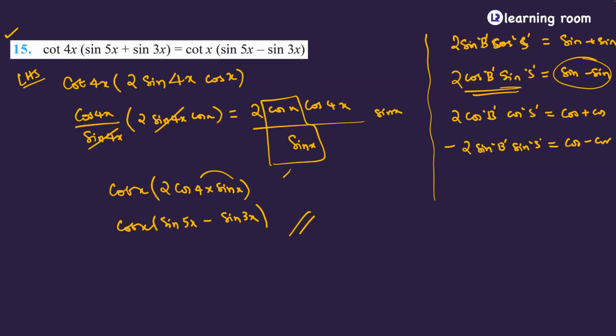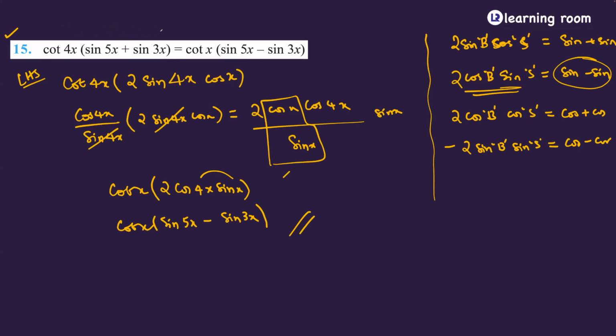So just to have a clear knowledge of whether you have understood, I'll create a question now. How will you write 2 sin 4x cos x as a sum and difference of trigonometric values? Just the reverse of what I taught in the last step. I'll give you the hint.